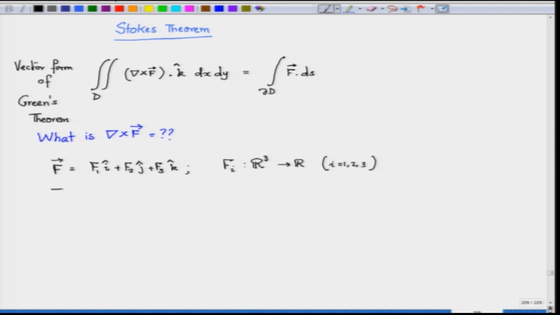And this operator, the nabla operator or the del operator, is given as del x, del y, del z. It is an operator, it is not a real vector, please understand that. These are not numerical quantities, they are operations.